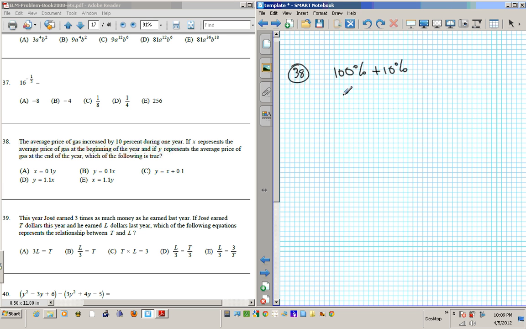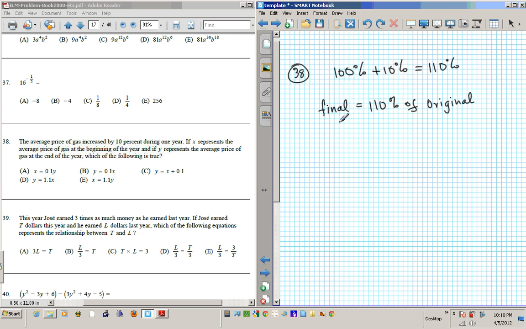Okay? So it's going to give you 110% of the original. So the final is going to be 110% of the original, right? That should be your equation.